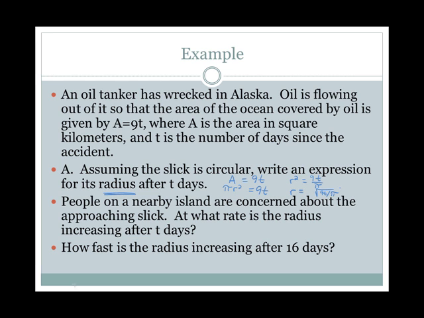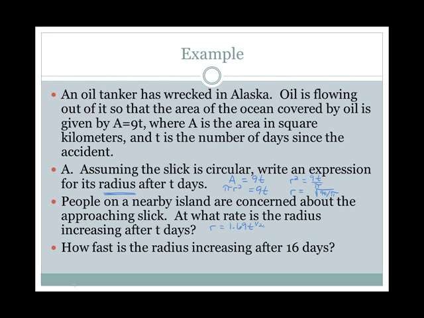And now we're concerned about how fast that radius is growing over time. So we're going to take the derivative of that. First I'm going to write this as a decimal: 9 divided by pi, then take the square root. So that'd be 1.69 t to the 1/2.